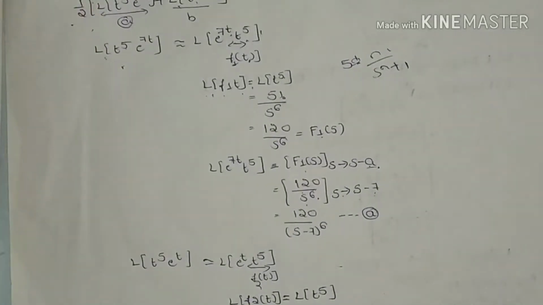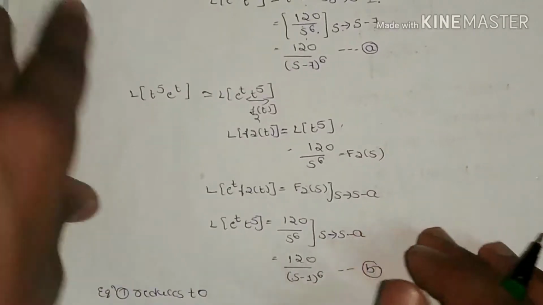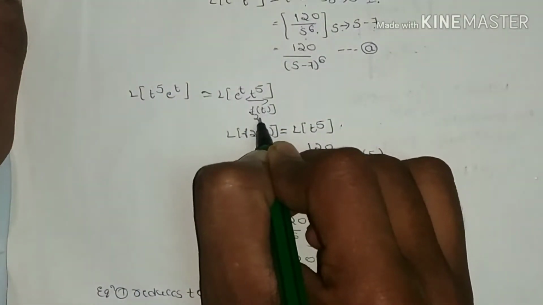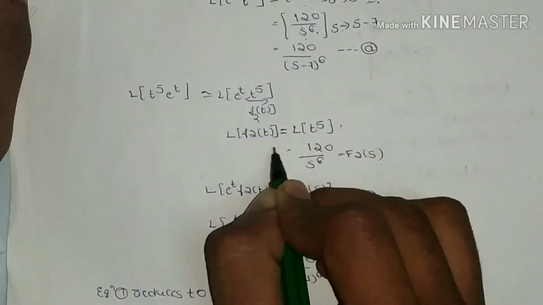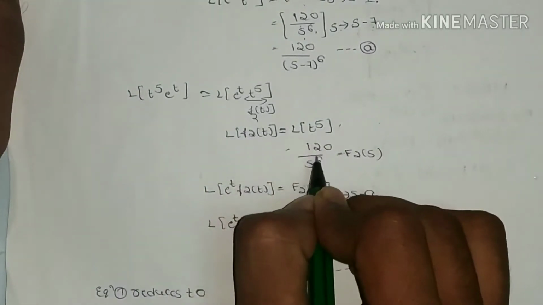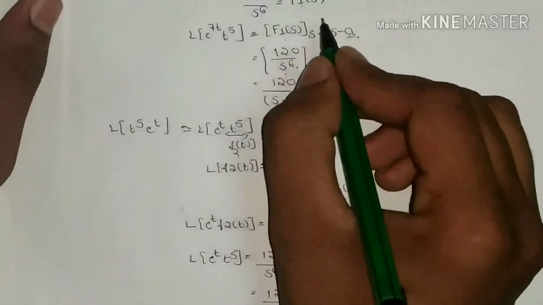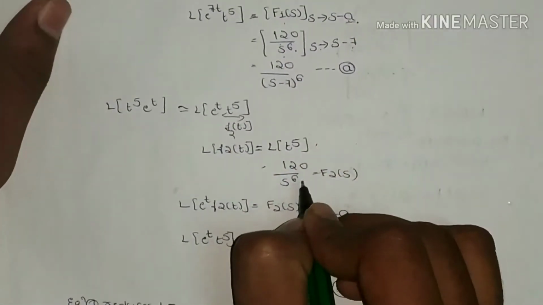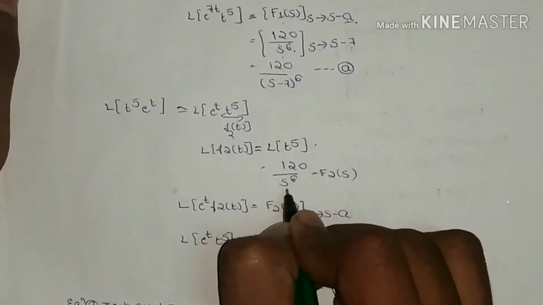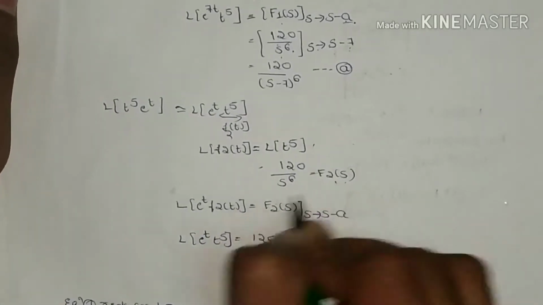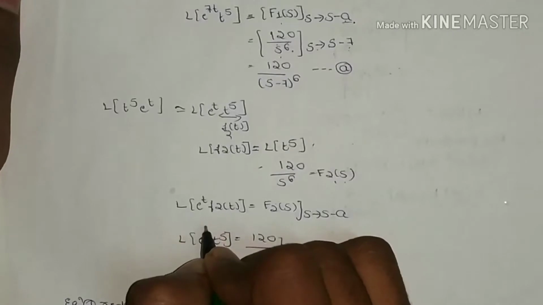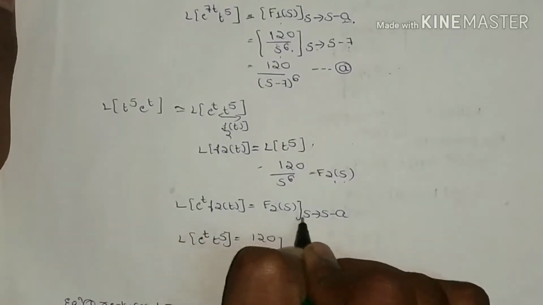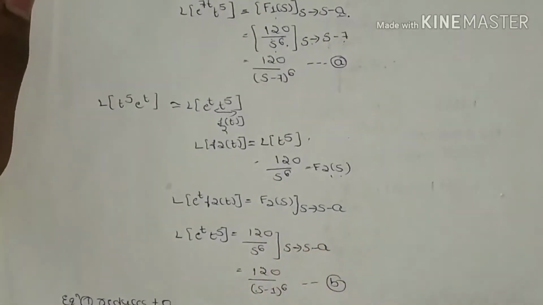Let us consider the second one, that is Laplace transform of t raised to 5 into e raised to t. Here also I consider t raised to 5 as f of t, that is f2 of t. Laplace of t raised to 5 is 120 divided by s raised to 6, that is called f2 of s. Then Laplace of e raised to t f2 of t is equal to f2 of s, where s is replaced by s minus a according to the property.